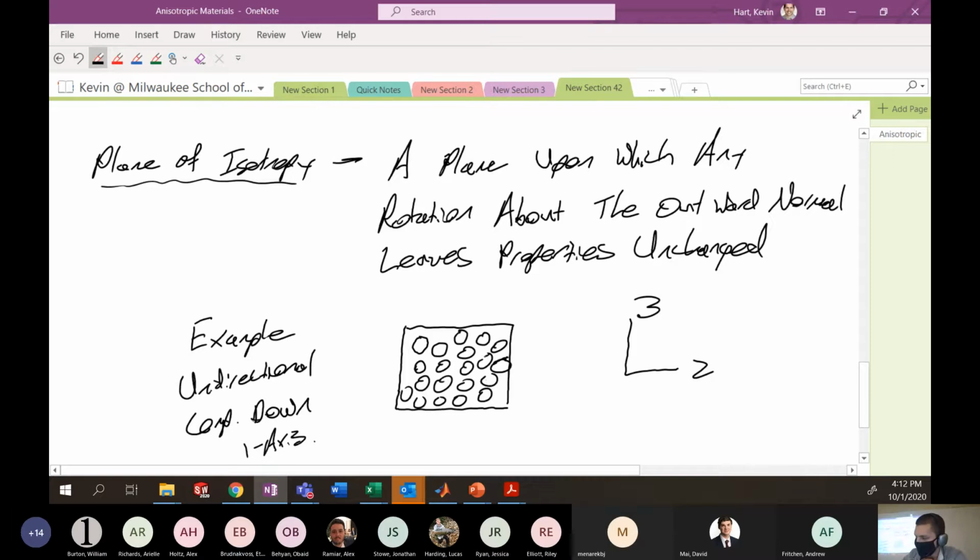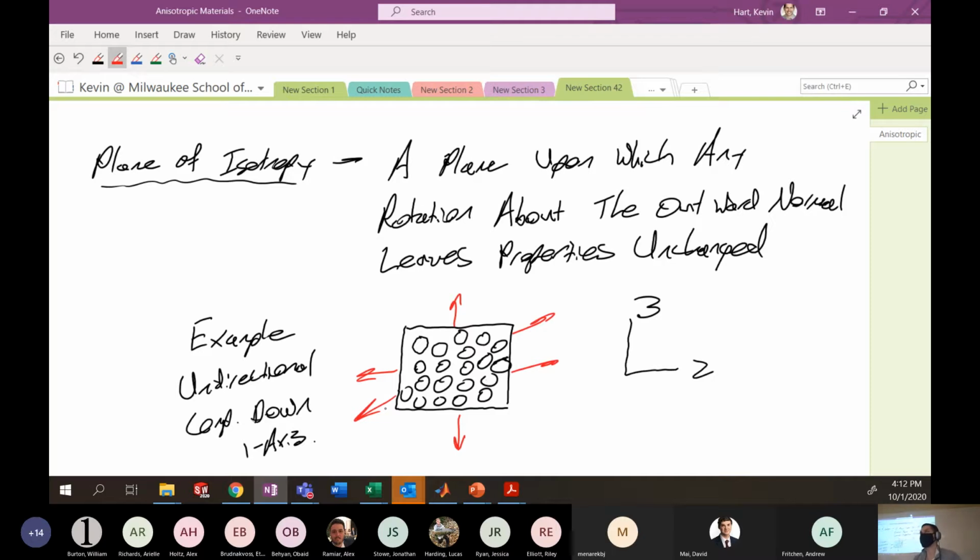The idea here is that in this particular plane, if I rotate this plane about the one axis, it's going to respond the same no matter how I load it. If I load this way, this way, whatever, it's behaving the same in all directions.